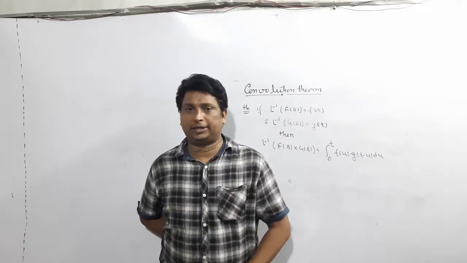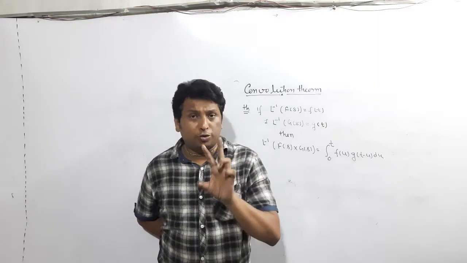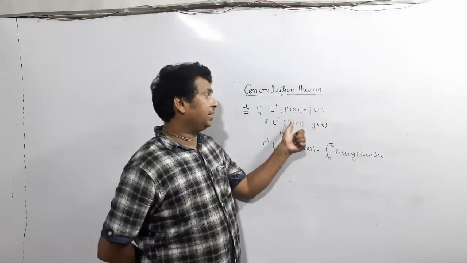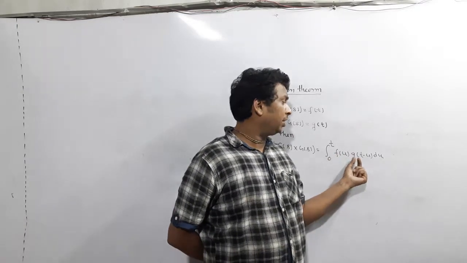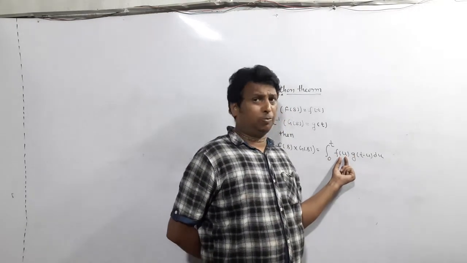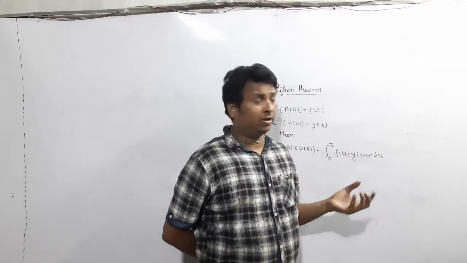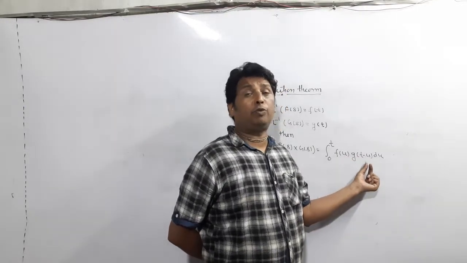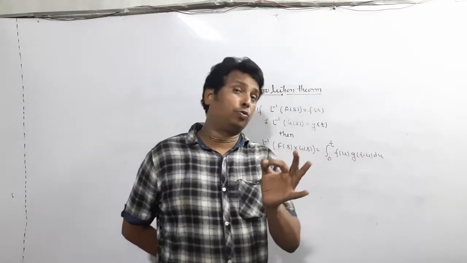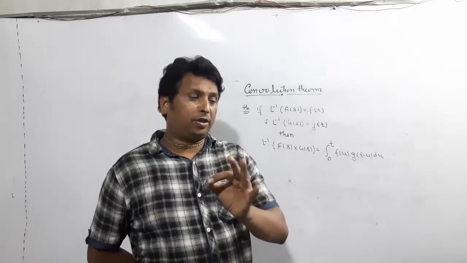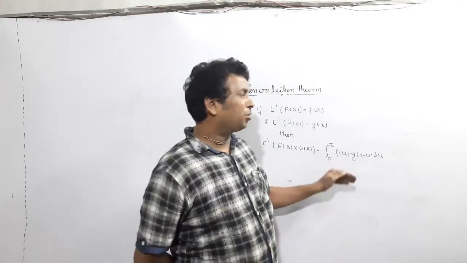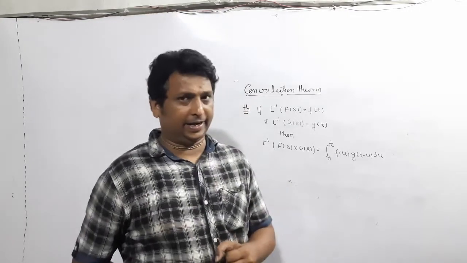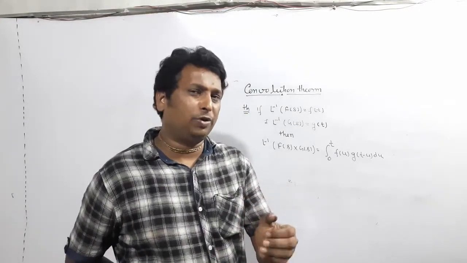Second important thing: choosing F(s) and G(s) is very important, because in the integration one is f(u), the same, we just change the variable, but in the second, in place of t, we write t minus u. So for simplicity, choose a function which does not make the question complicated, whose integration you can do easily.